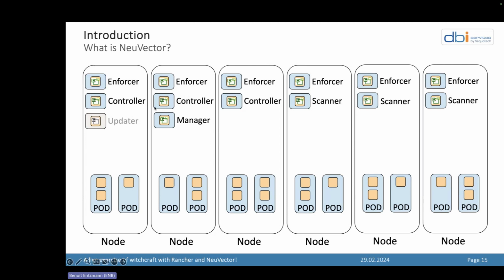The controller is going to control all the components of NeuVector. There are 3 of them for the high availability. And then finally, the enforcer is a daemon set that is deployed on each node in your Kubernetes cluster, and is just going to apply all the rules you have defined in your configuration.